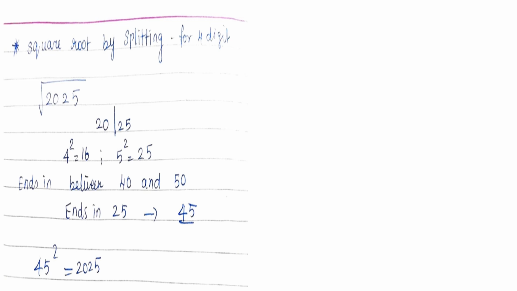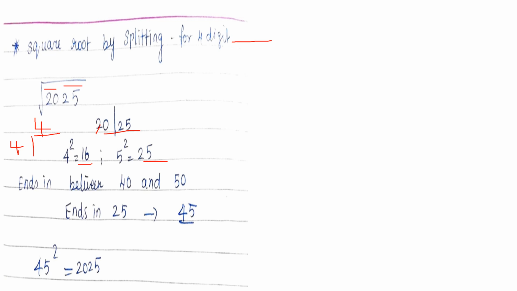Square root for a 4-digit number: as I already told you, pair it from the last: 25 and 20. For 20, what square? As I already told you, divisor and quotient will be the same. So 4 4s are 16, and for 25, you know that the root ends only in 5.